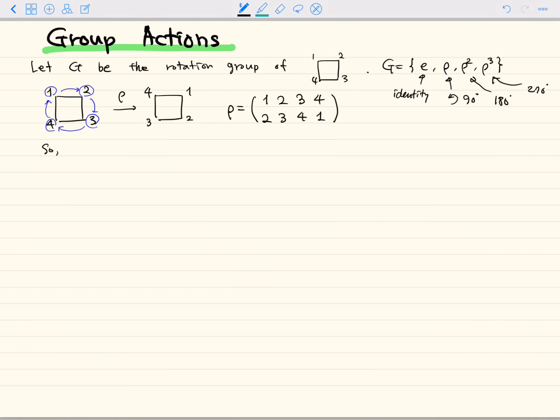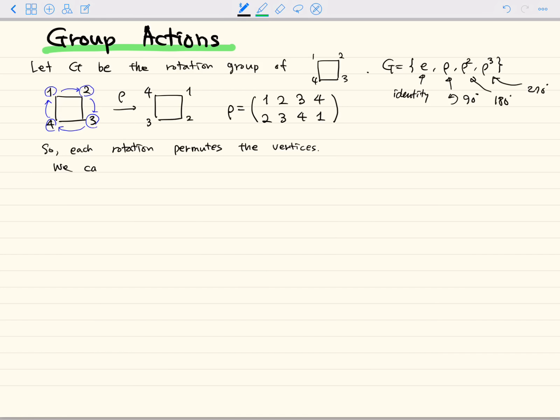So each rotation permutes the vertices. If you focus on the vertices, then we can see that this rotation permutes the vertices, but we can also focus on other things.